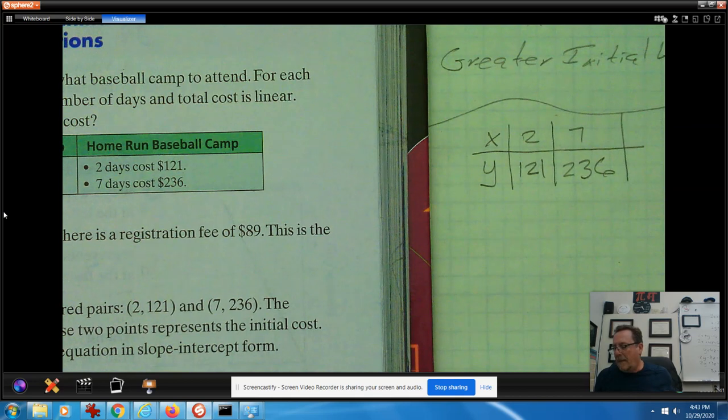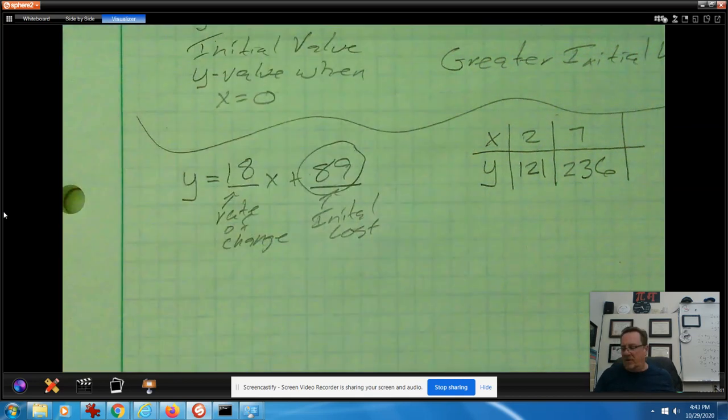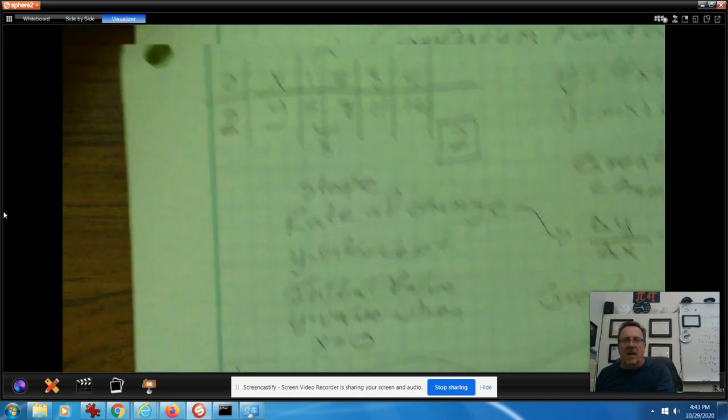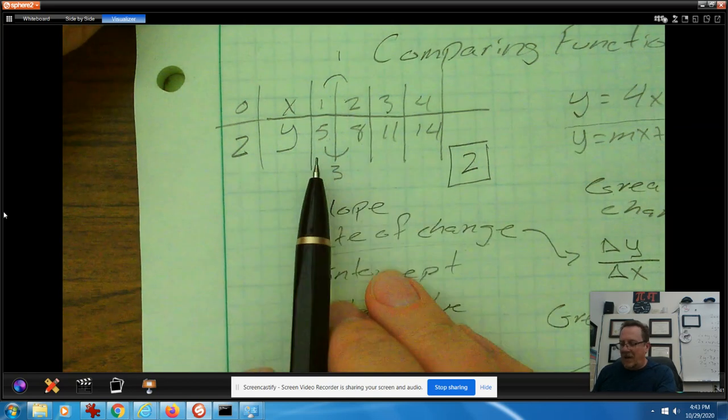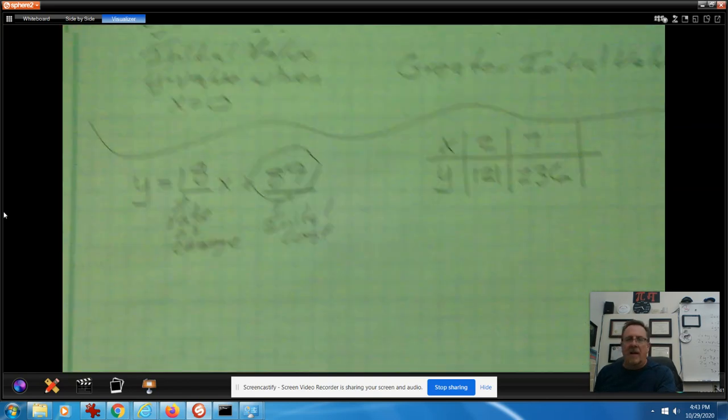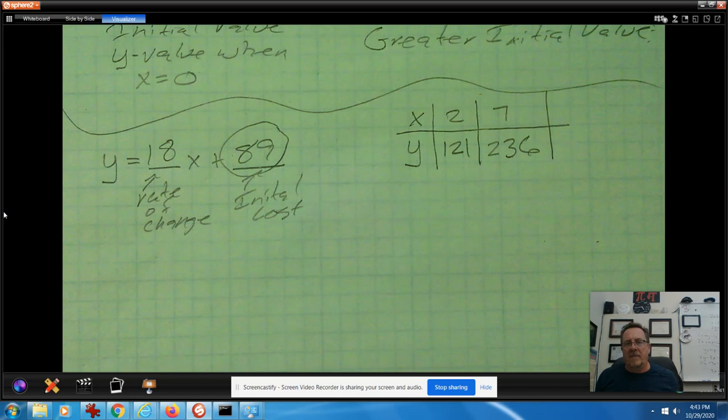Okay. So we're back to that same situation that we had in our previous table. I don't have as many entries, but that's okay. In order to find my initial value, I'm still going to have to find my slope or my rate of change.